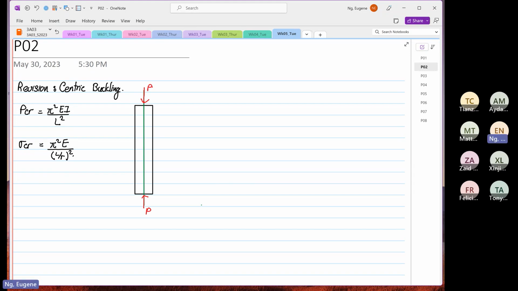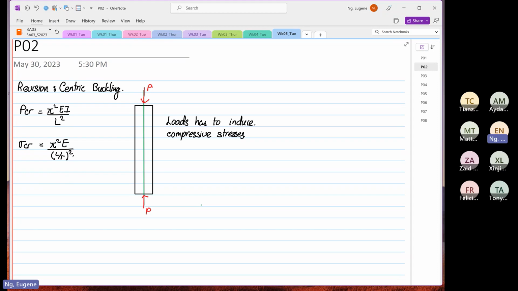So this is centric buckling, and you also realize that the load has to induce compressive stresses.